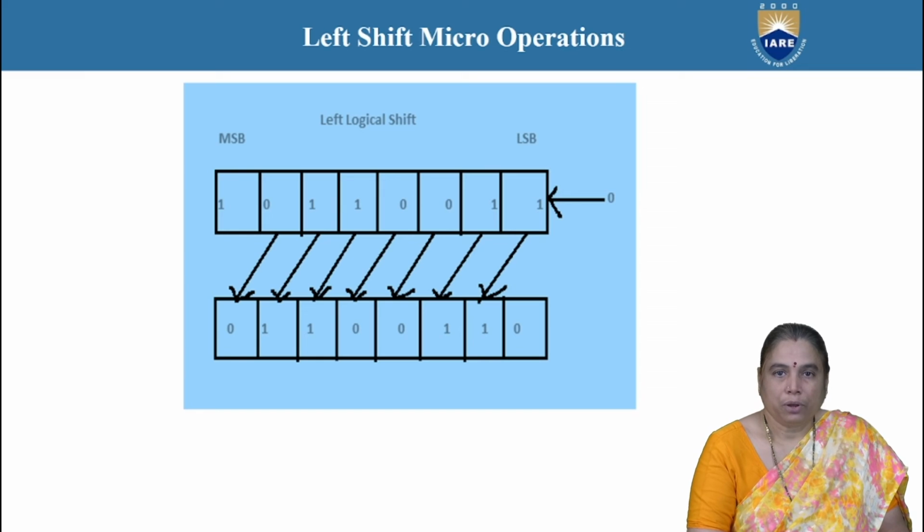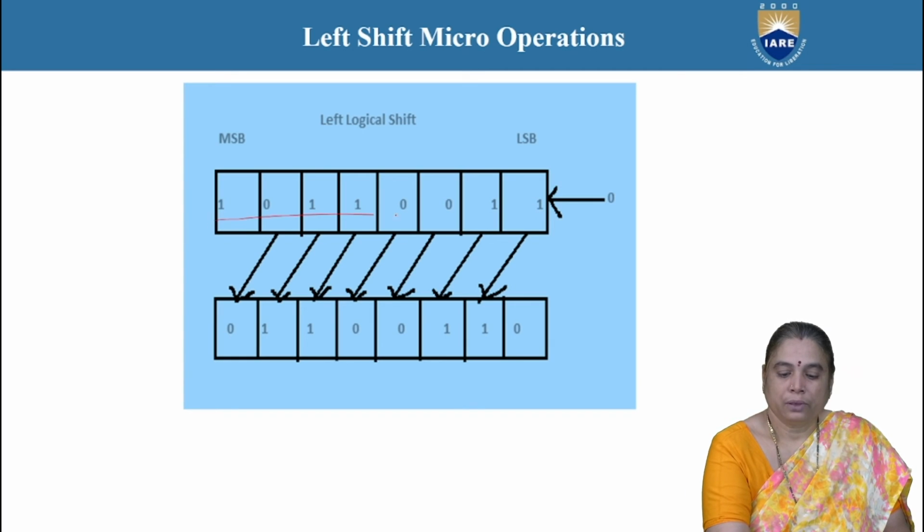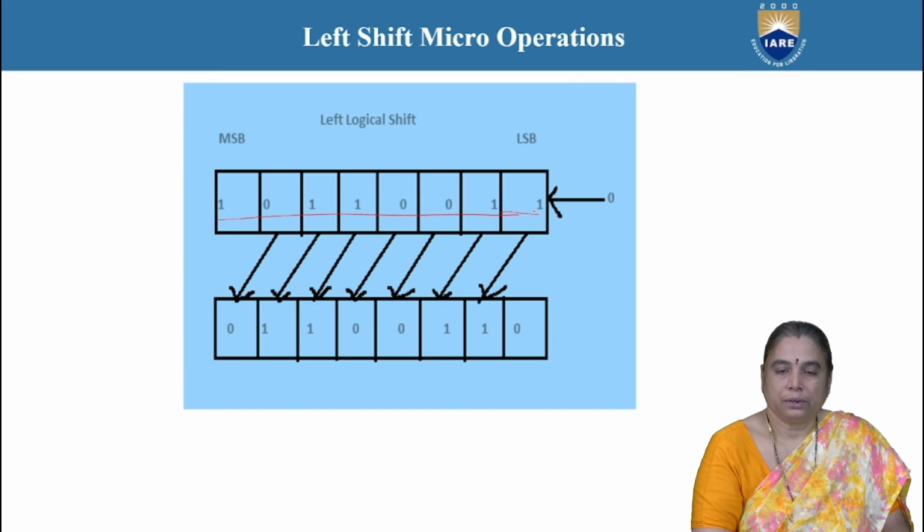Now with an example, we can discuss the left logical shift. We consider one example: these are the bits in the register. When you apply the logical left shift, the bits are moved one bit position. Here this is the LSB bit.